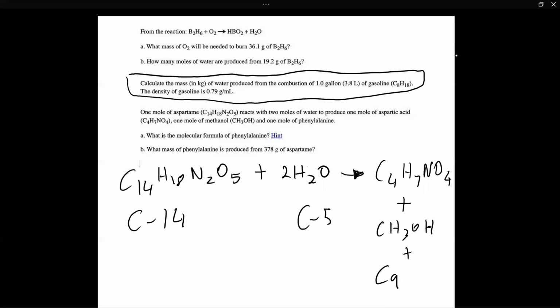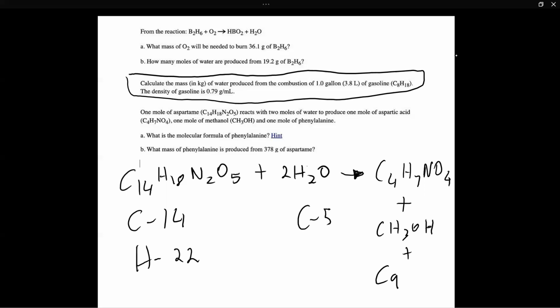Let's take a look at hydrogen. On the left-hand side you have 18 hydrogens, but on the right-hand side you have only used 11 hydrogens. Sorry, my apologies, I got a bit confused. You have not used 18 hydrogens, you have actually used 22 hydrogens, because let's not forget the hydrogens come from the aspartame, and the hydrogens are also there in the water.